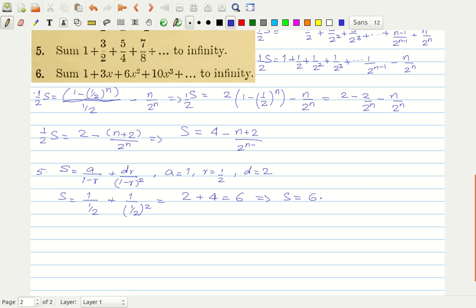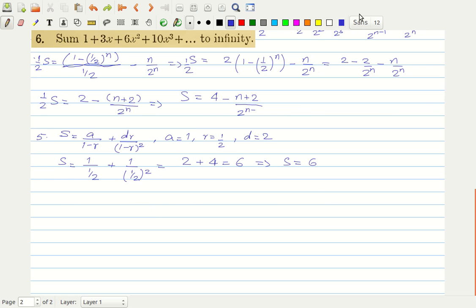Now let us look at problem number 6. Okay, so for problem number 6, first we note that this is not exactly an arithmetico-geometric progression, because you can see that the coefficients are 1 plus 2, 3, but the next coefficient is 6. It is not 3 plus 2, 5, and similarly the next coefficient is 10.